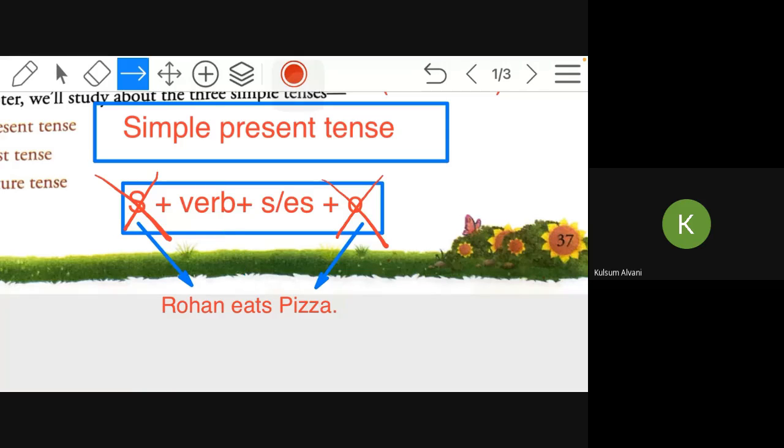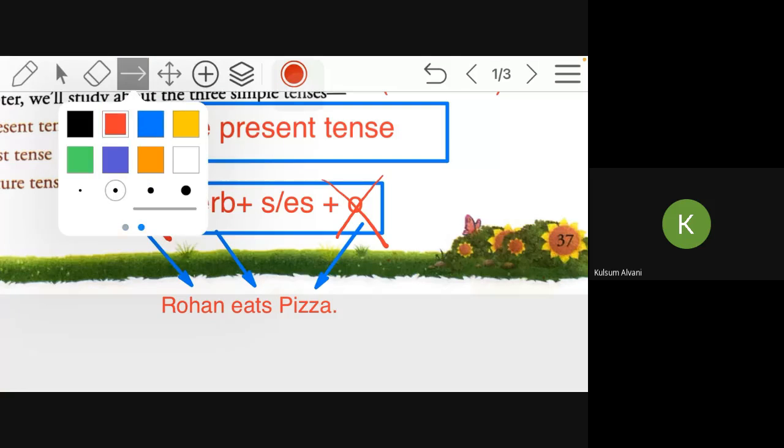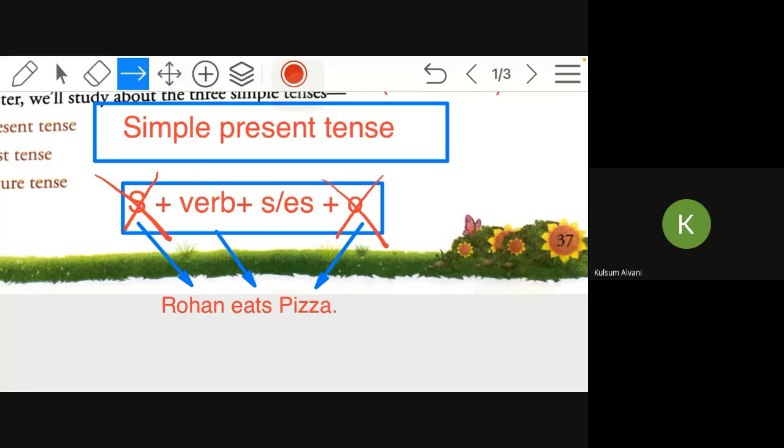Why it becomes eats, I will explain. Though I have already explained, I will explain a second time. Don't worry. We only have to play with eats, never with Rohan or pizza. We only have to change this part if we want to change the tense: Rohan is eating, Rohan was eating, Rohan ate, but Rohan and pizza never change. Now, am I clear?